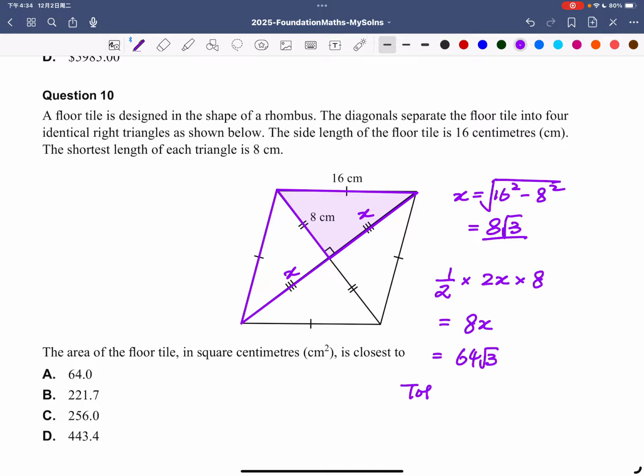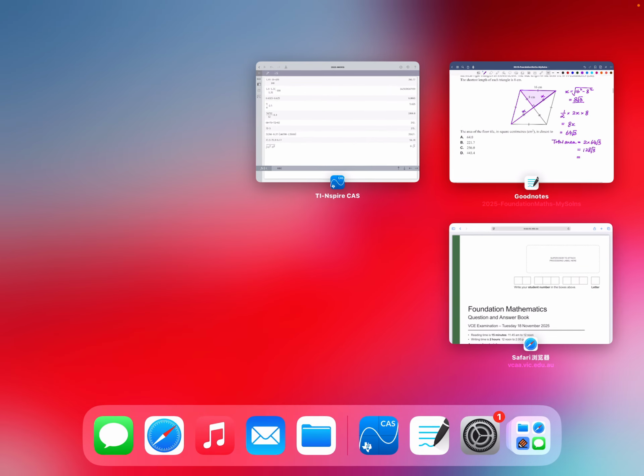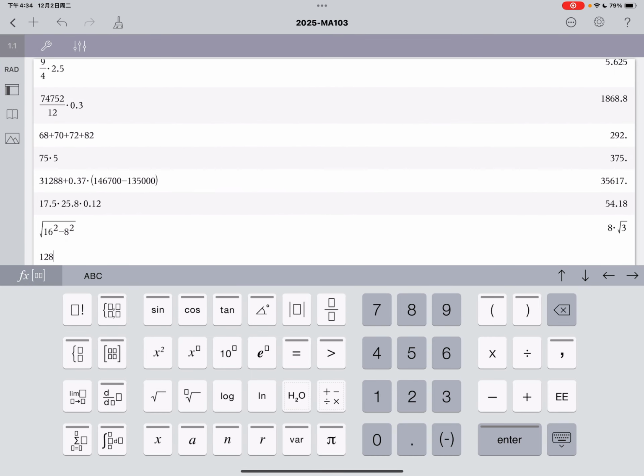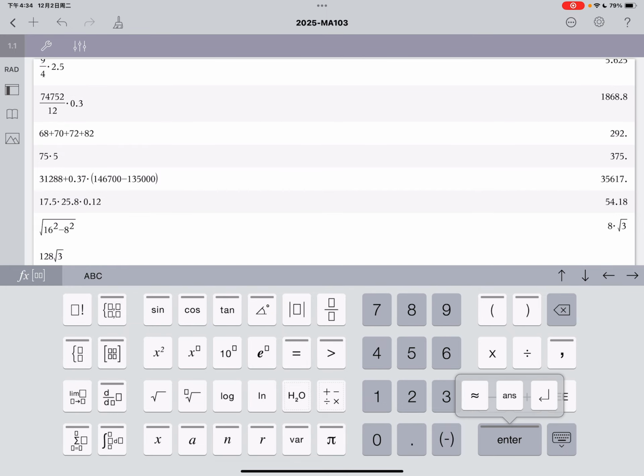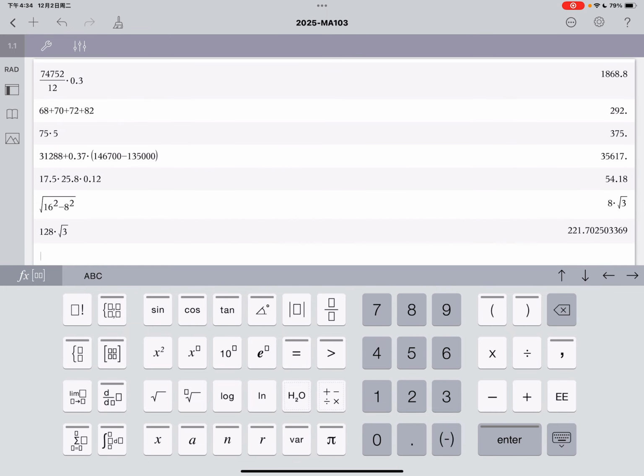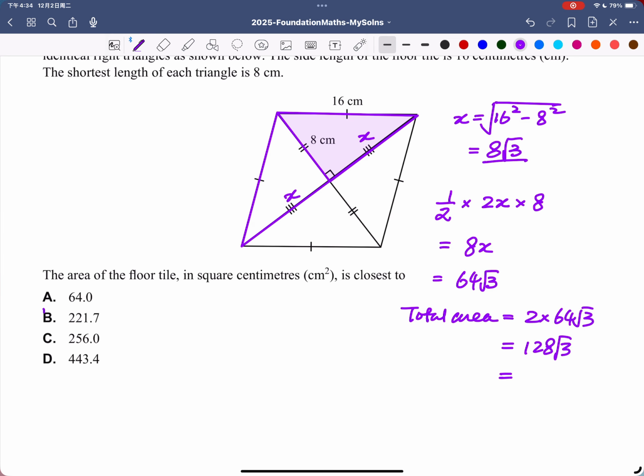So the total area equals 2 times 64 root 3, which is 128 root 3, which gives you 221.7. Option B is the correct answer.